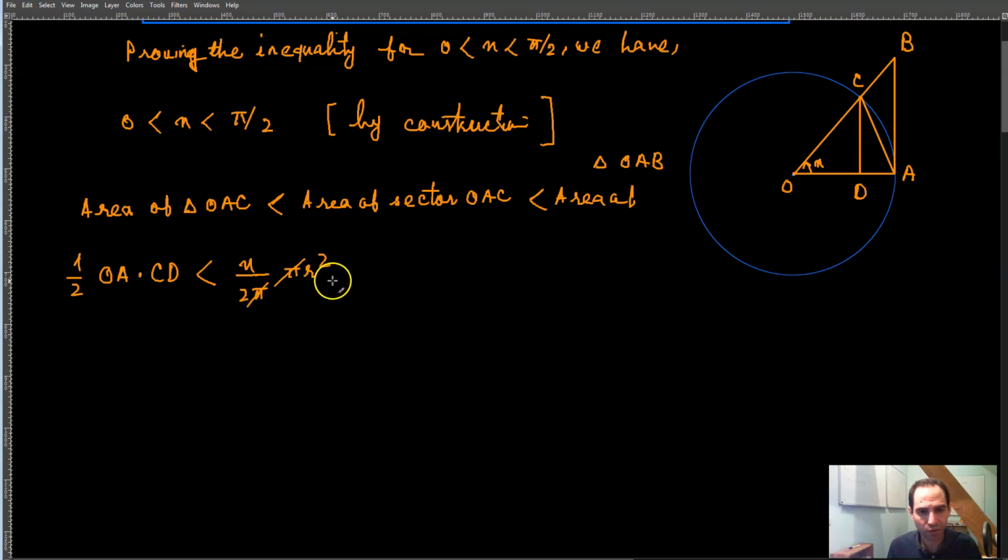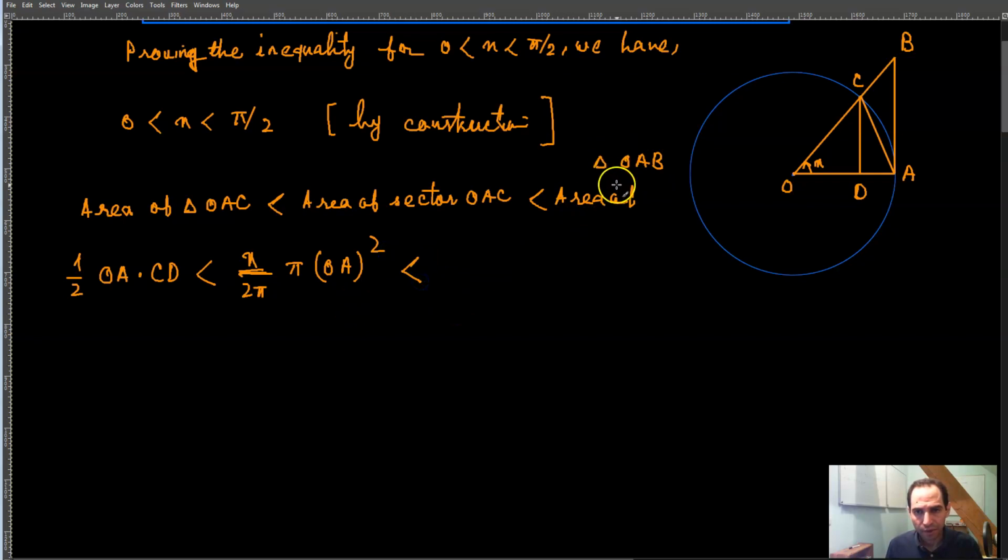Instead of r squared, I can write OA squared. Let me write it the way that they have written it: x divided by 2 pi, which is the ratio, and then pi r squared. R squared would be OA squared, right?